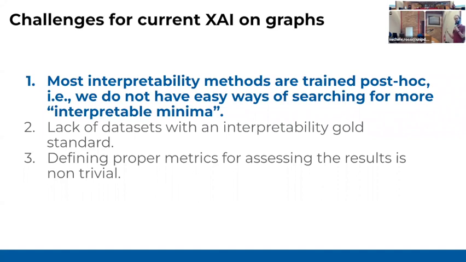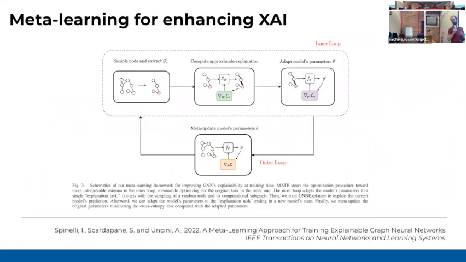And this, in my opinion, will be one of the most interesting research lines in the future, because if your problem requires good explanation, you want your training process to be forced to converge to solutions that are also easily explainable. And this is something we have made a little bit of progress on. If you're interested, we very recently published a work where we use meta-learning to solve that.